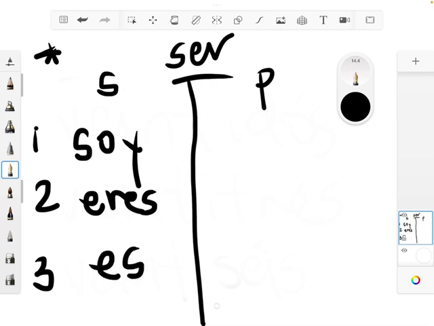Es. So, third person singular. Él es is he is. Ella es means she is. Or usted es, you formal are. Then we have first person plural. We have somos.